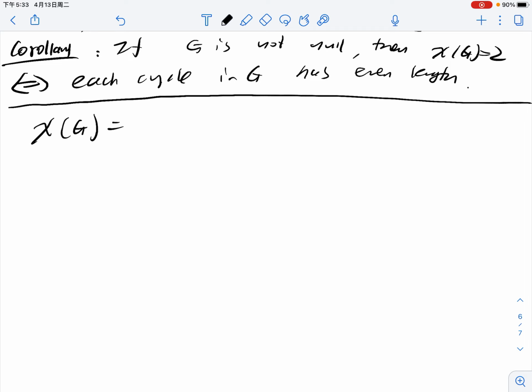And then a natural question is, can we have some easy way to characterize graphs with chromatic number 3? Unfortunately, the answer is complicated. If you have interest, you can look at the reference given in your textbook or search on Wikipedia. We will not repeat that.